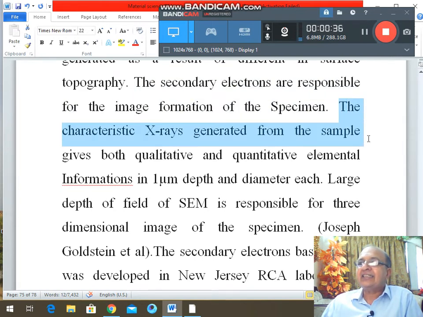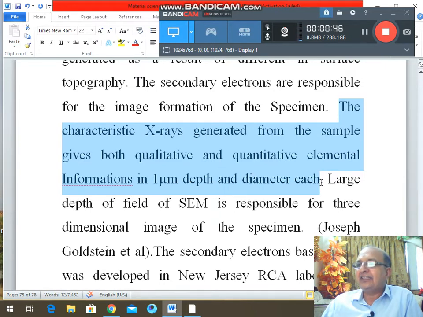The characteristic X-rays generated from the sample give both qualitative and quantitative elemental information, in 1 micrometer depth and diameter each. Meaning that X-rays give you qualitative and quantitative elemental information: how much is the quantity of the element in the compound.